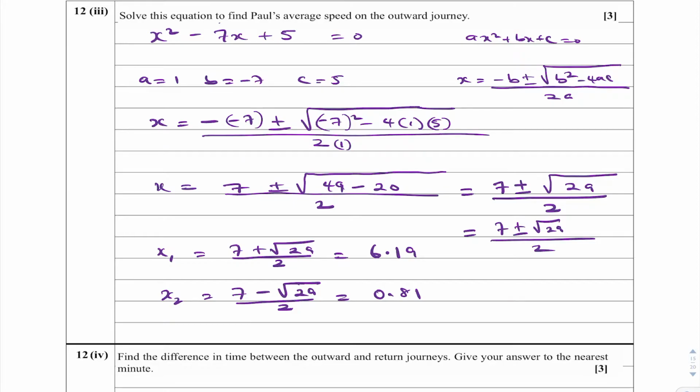So the speed, Paul's speed, equals 6.19 kilometers per hour.